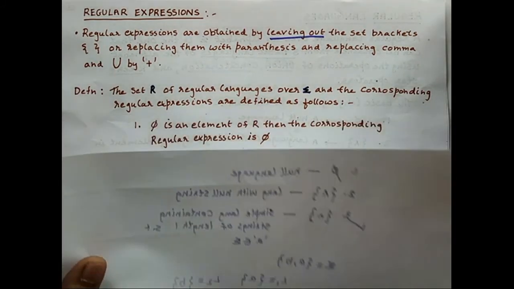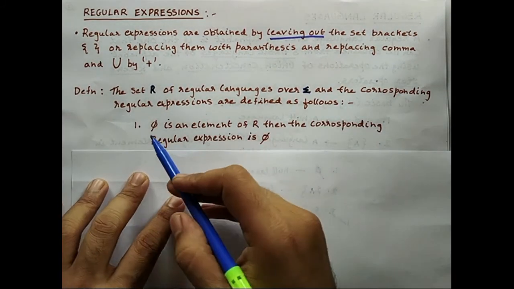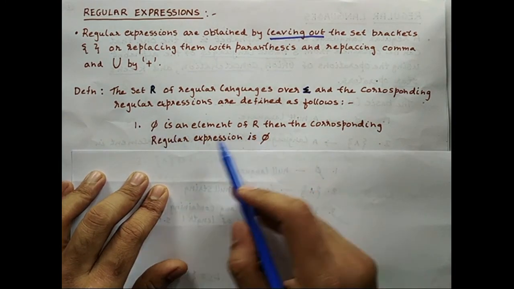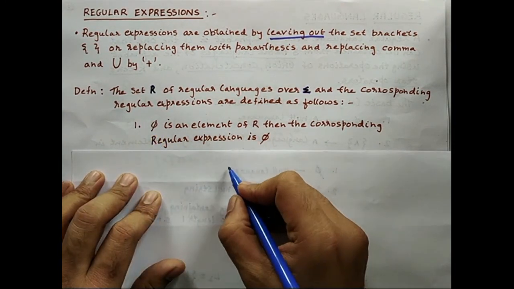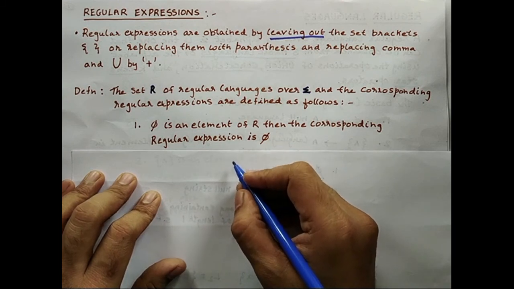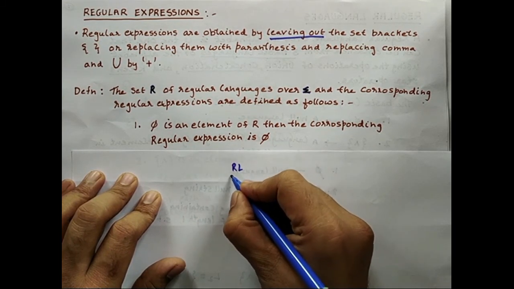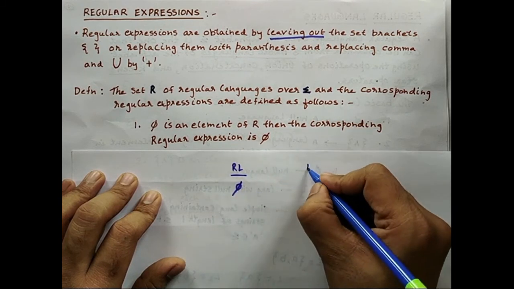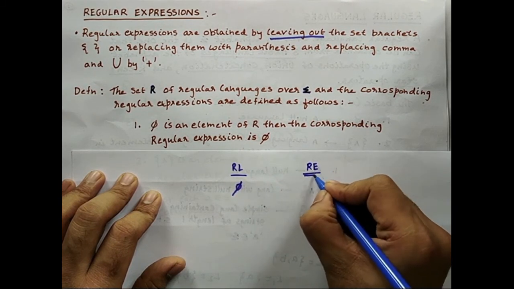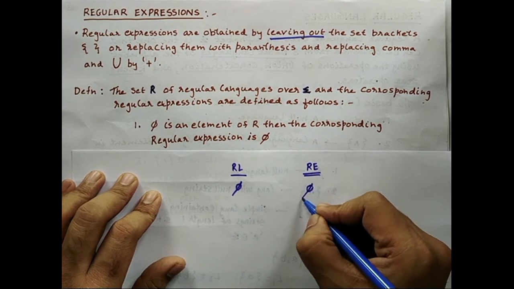First, if phi is an element of R. So what is phi? Phi is the first basic language that we just saw. If the regular language is phi, then the corresponding regular expression will be phi itself.